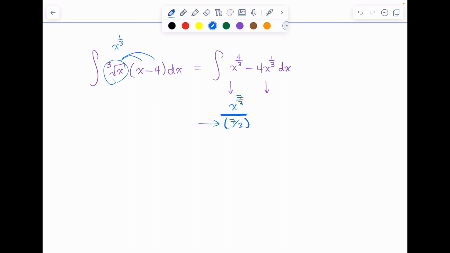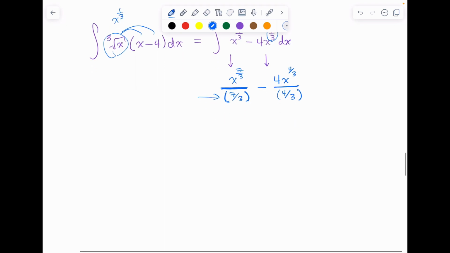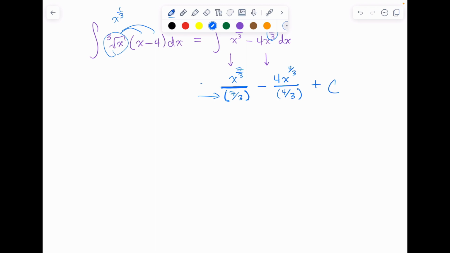And then up there, right, 1/3 plus 1 gives you 4/3, and then we divide by 4/3. So we end up with minus 4 times x to the 4/3 divided by 4/3, right? And here comes the part that always kills you guys. Simplifying. Algebra. How do we simplify this, right?